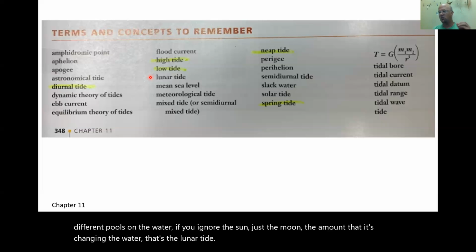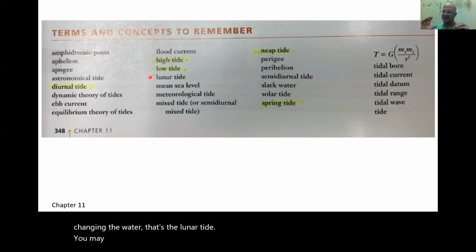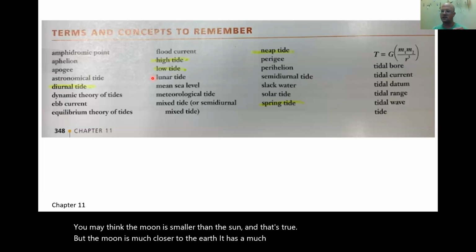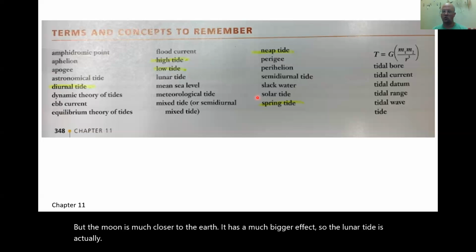Now, you may think the moon is smaller than the sun, and that's true. But the moon is much closer to the earth. It has a much bigger effect. So the lunar tide is actually bigger than what's called the solar tide.